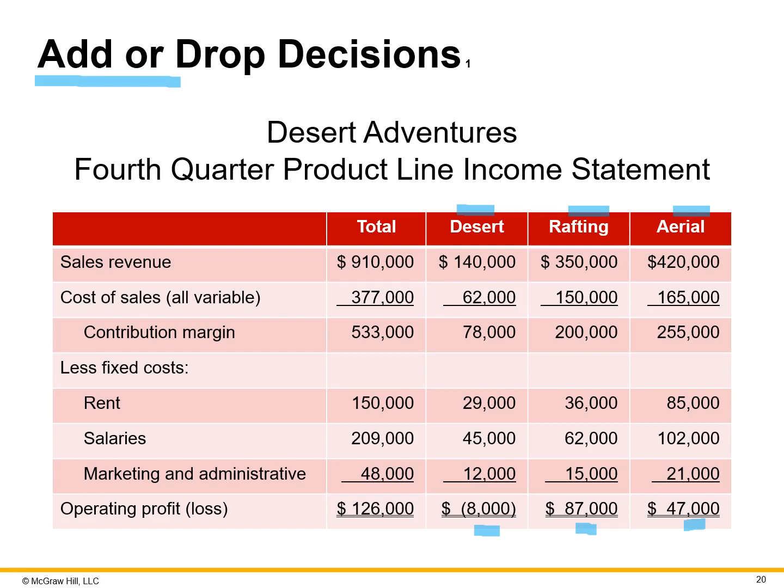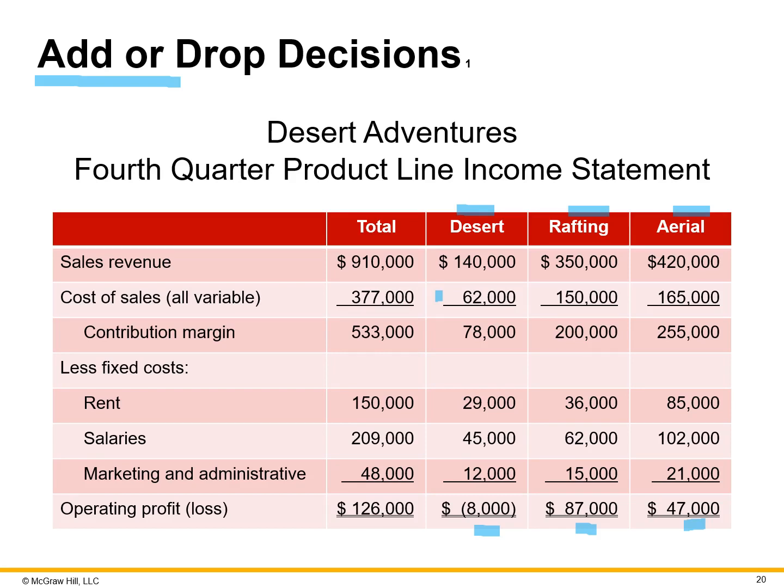But don't forget that some costs are variable, but there's also fixed costs. So we have to take into consideration that if we shut down our desert tour line, which costs, if any, are going to disappear and which costs are going to stay.